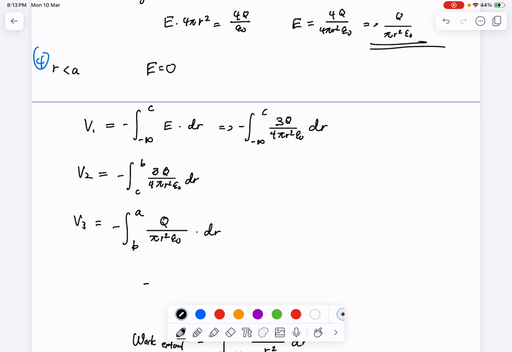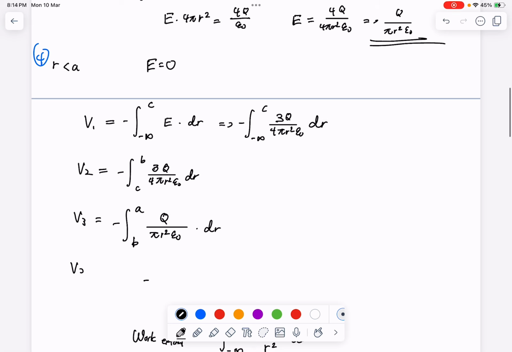Why I keep forgetting my negative signs, I don't know. And V3 is very similar to the logic of V2. It's going to have similar magnitude.